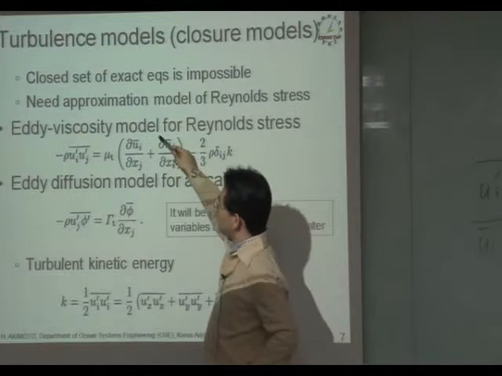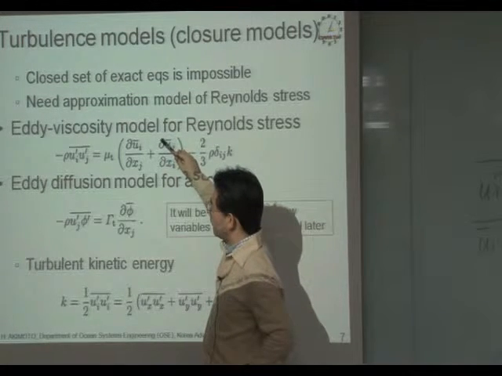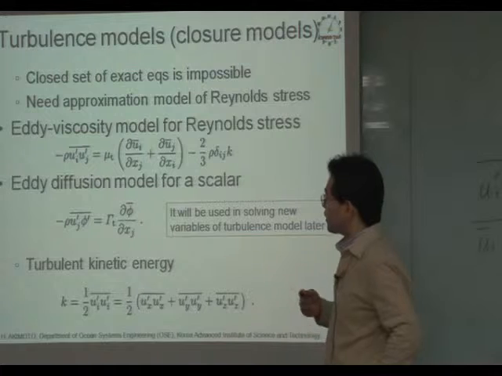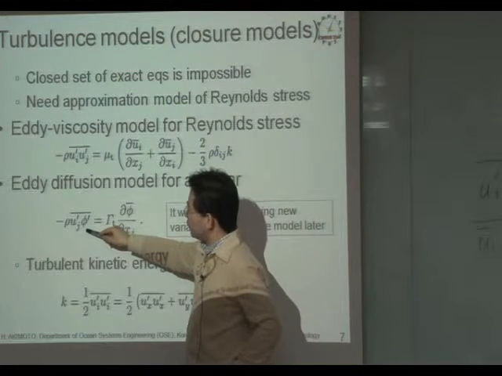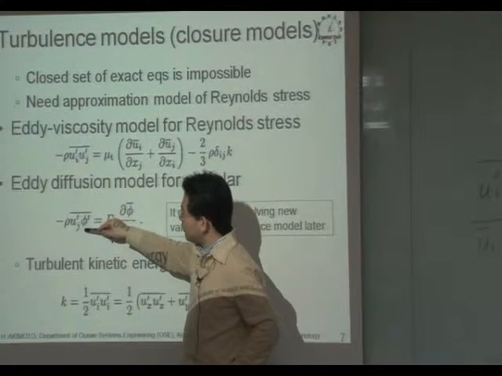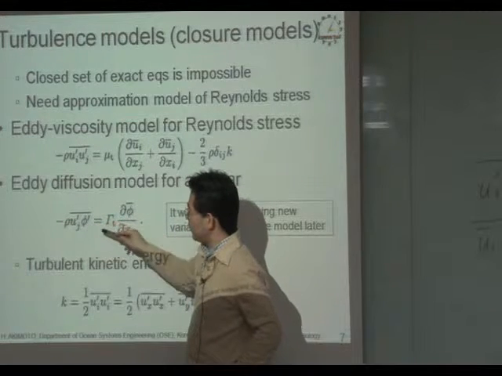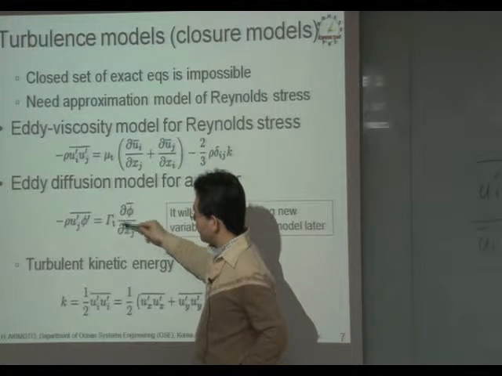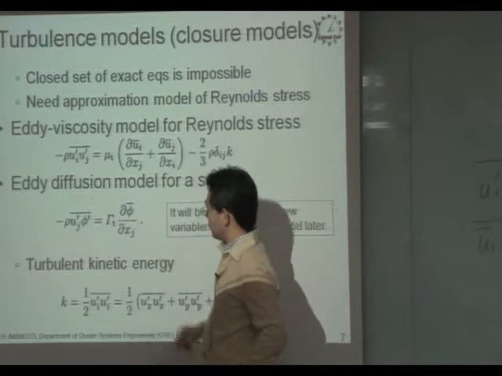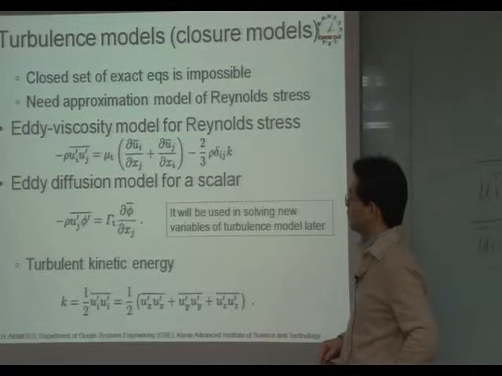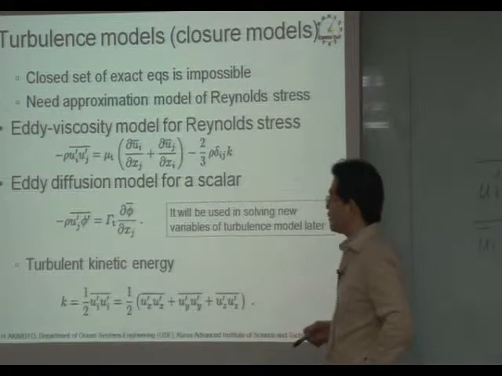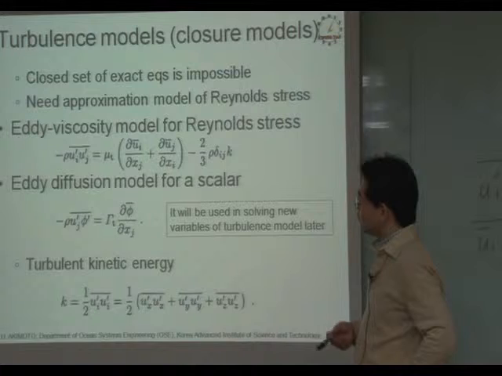This is for the consideration of momentum, and also if we consider the transport of a scalar quantity, the assumption is like this: the turbulent transportation of phi is proportional to the gradient of the scalar, and the proportional coefficient can be called the turbulent diffusion coefficient.